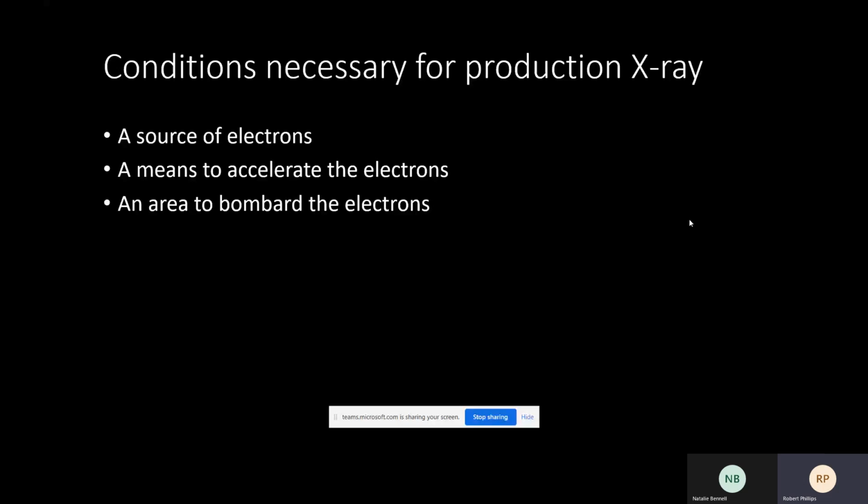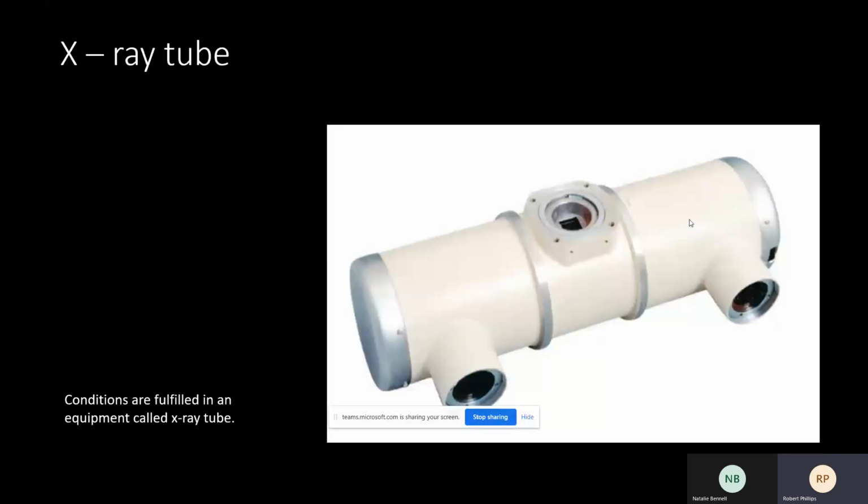And finally, an area to bombard these electrons. And all these conditions are fulfilled in an equipment called X-ray tube, which is an essential part of all X-ray production modalities like fluoroscopy, angiography, CT scan, X-ray.